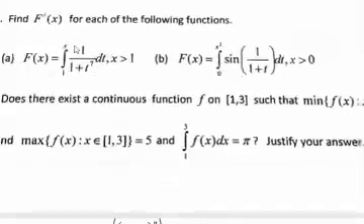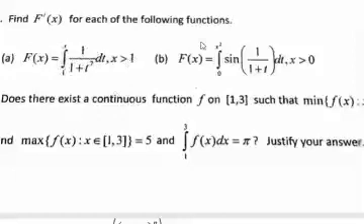functions. Here, if this function is continuous, the derivative of this one is itself, right? For this, pretty easy, right? If this one is continuous on the interval 1 to infinity, the derivative of this is this one itself.